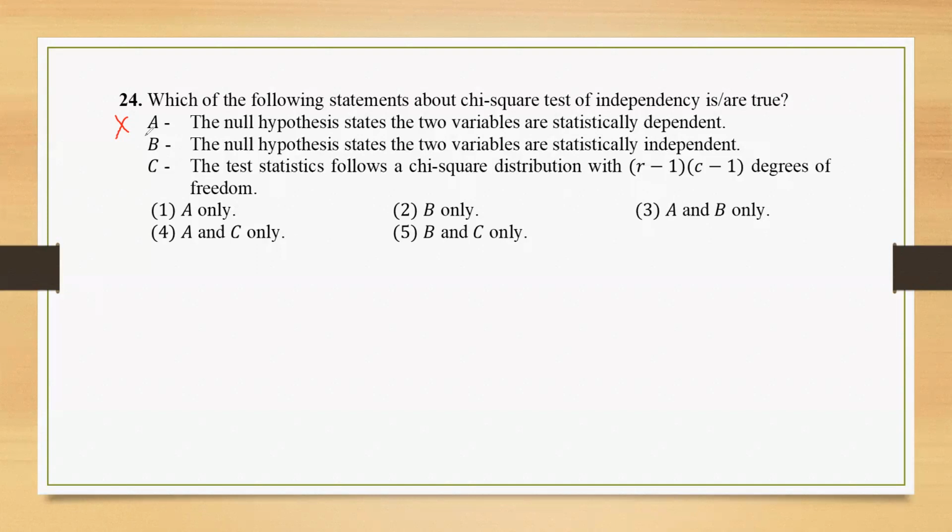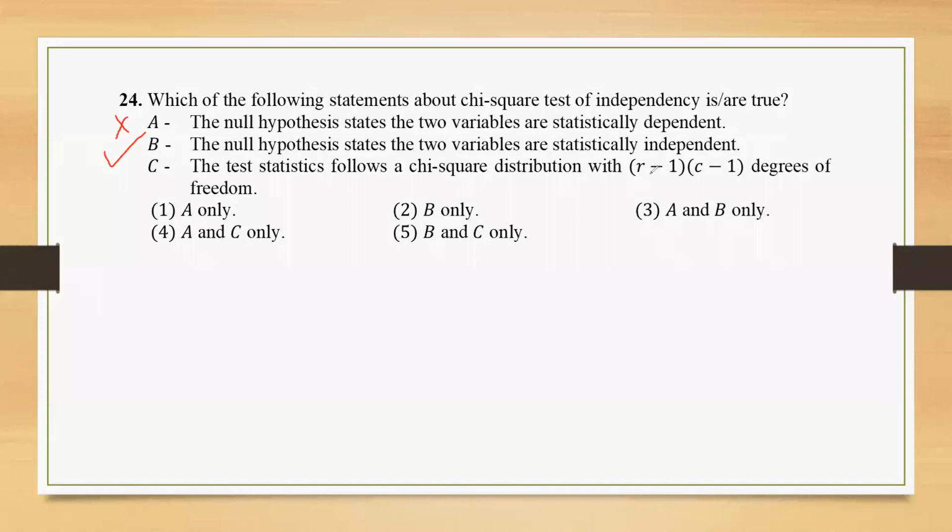That is H naught. So B is correct, right? And C: the test statistic follows a chi-square distribution with R minus 1 into C minus 1 degrees of freedom. It is also correct.